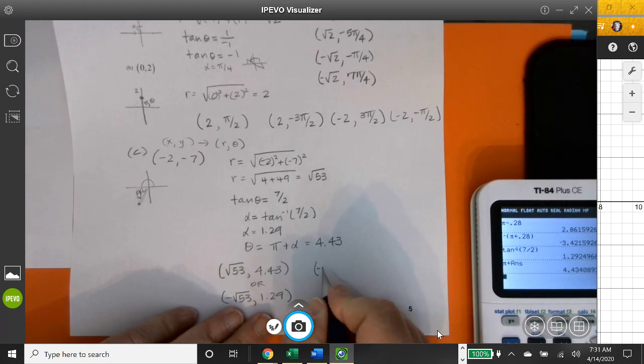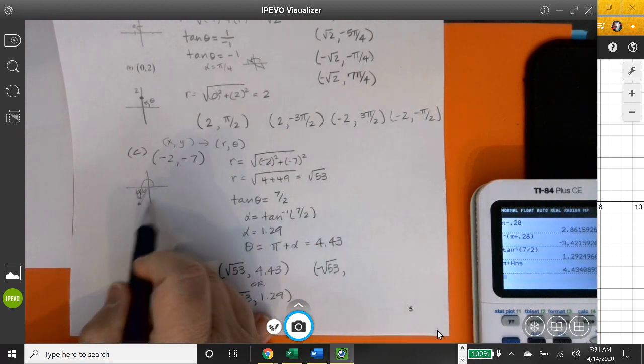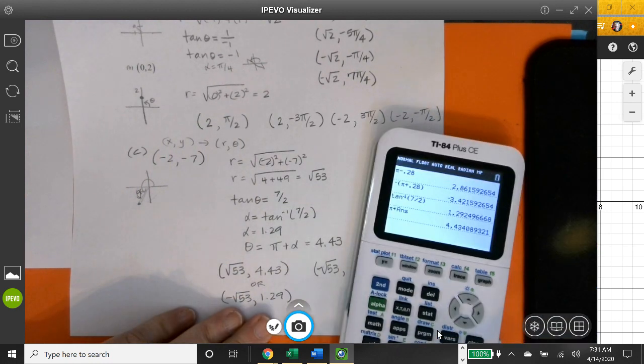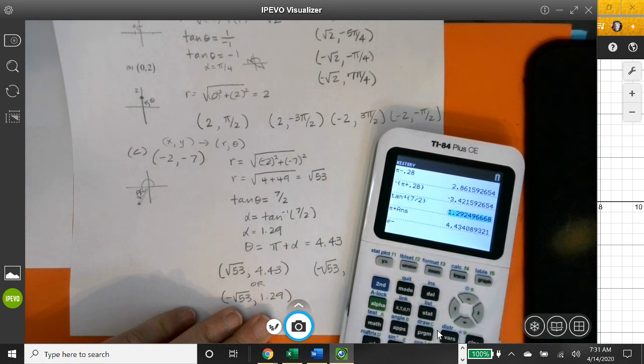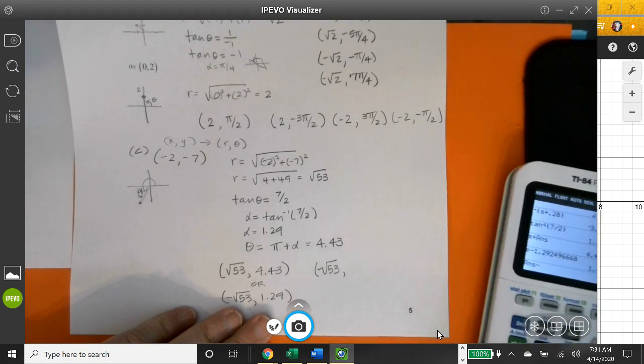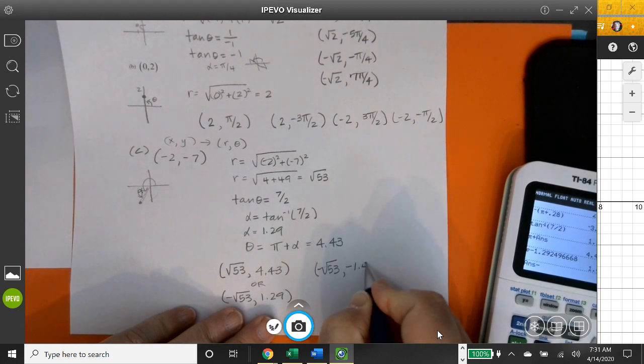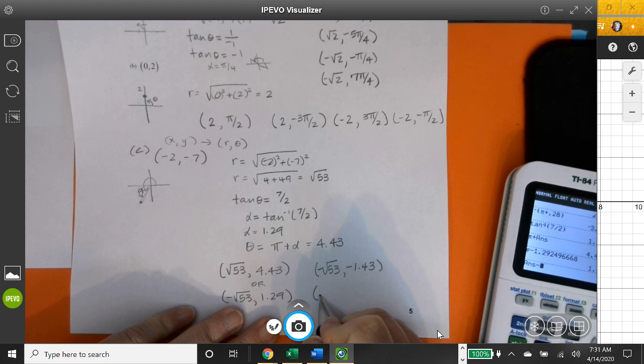I could have a positive root 53, and then if I rotate the other direction, it would be pi minus alpha. So second pi minus, go grab my alpha up here, and that's going to be negative 1.43 roughly, because I went in the clockwise direction. And then negative root 53 if I go the other direction.